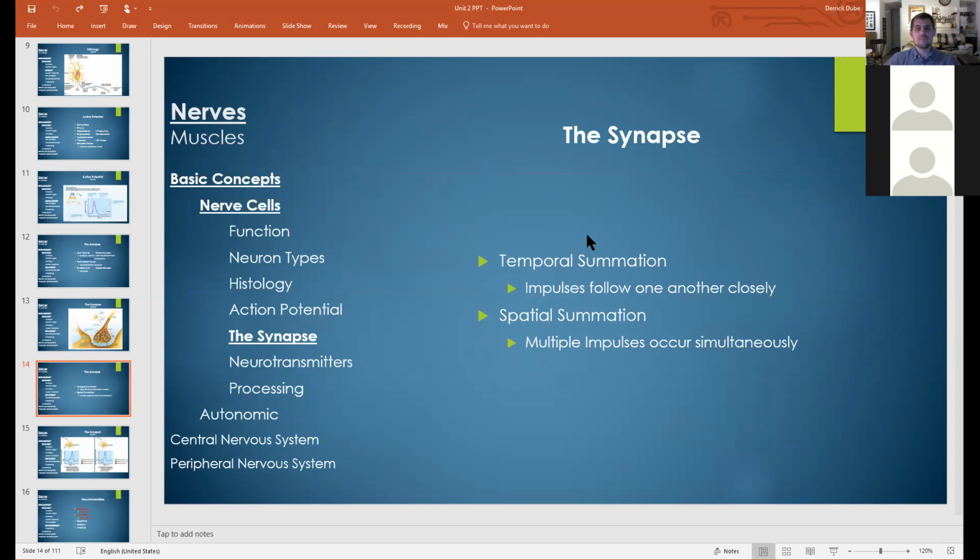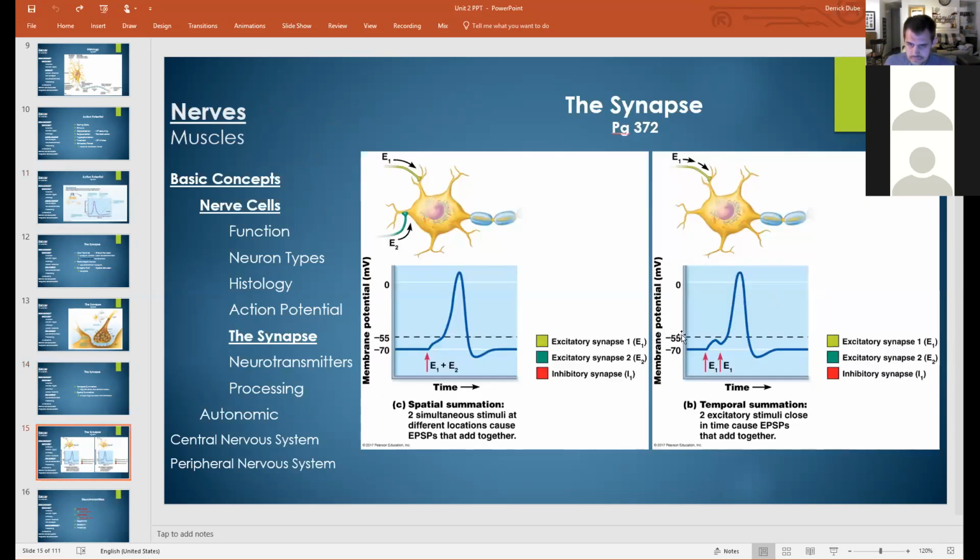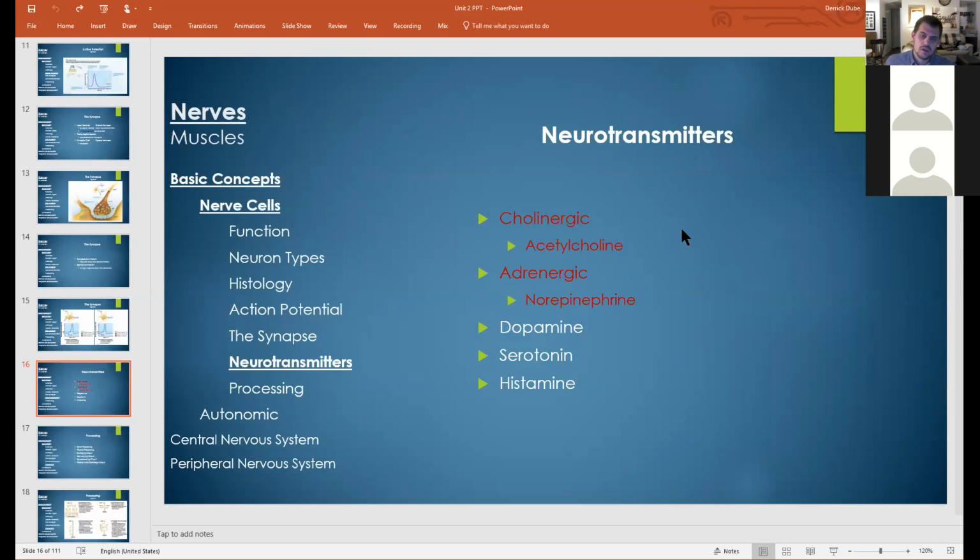So not only having more nerves in an area, but having lower thresholds and being more prone to temporal versus spatial summation can all affect that. All right. So here you can see spatial summation, temporal summation.